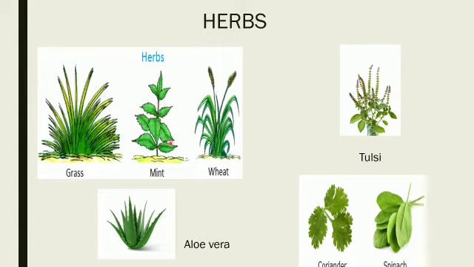The plants with thin and green stems are called as herbs. Examples of herbs are grass, mint, wheat, coriander, spinach. So most of the medicinal plants are also called as herbs. Example, tulsi, aloe vera.